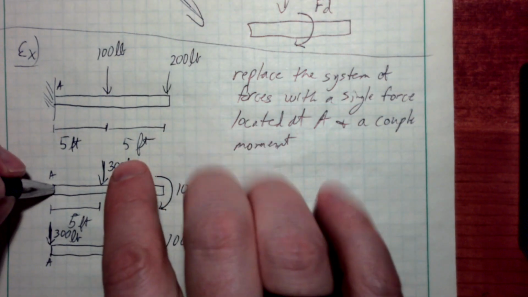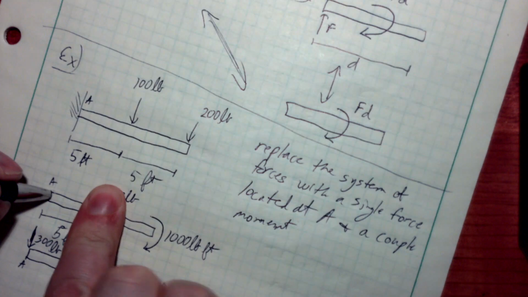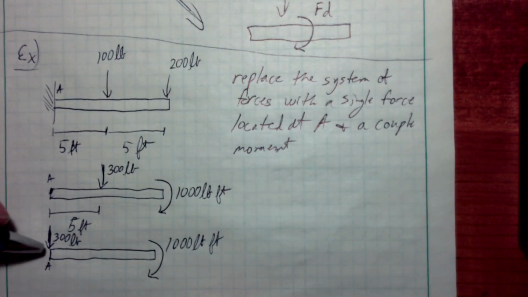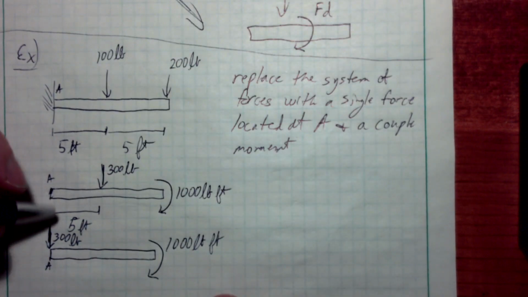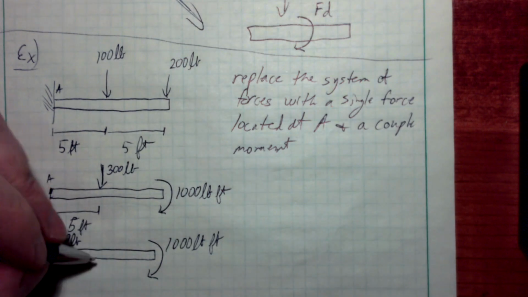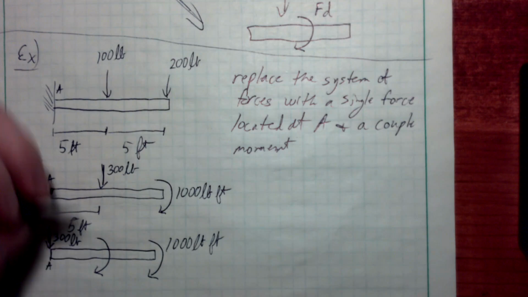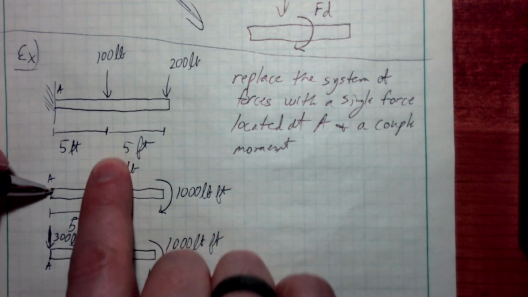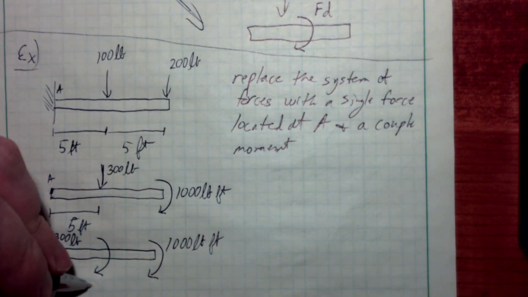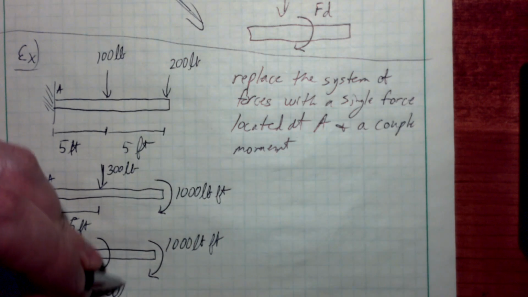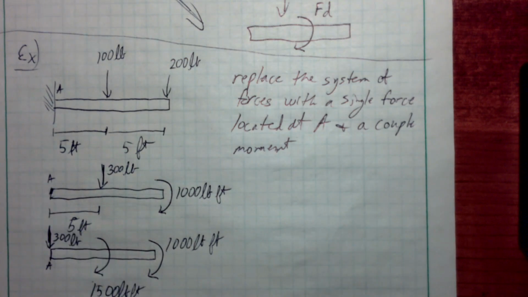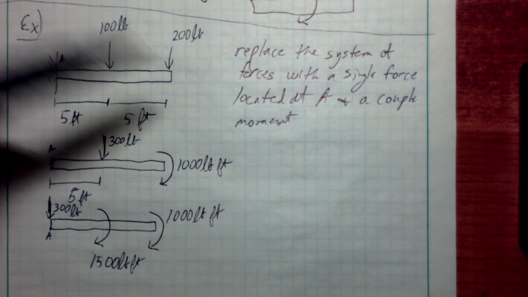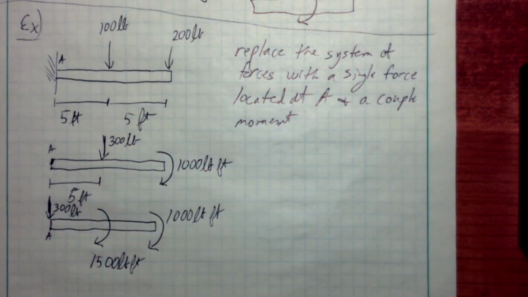So at point A, this thing was trying to cause a clockwise rotation. Now that it's at A, it's no longer trying to cause that clockwise rotation. So that means I need to keep this equivalent. I need to include the clockwise rotation this was trying to impart in the amount of 300 times 5, that is 1,500 pound-feet. Right? What they really want is a single force and a single couple moment.